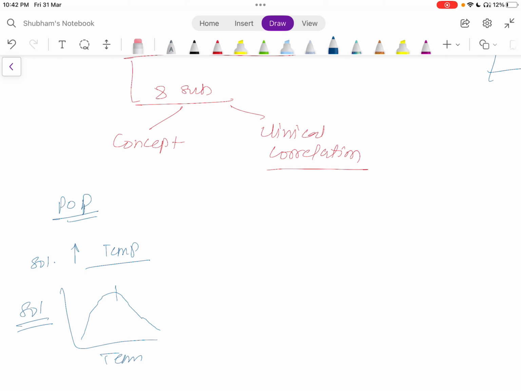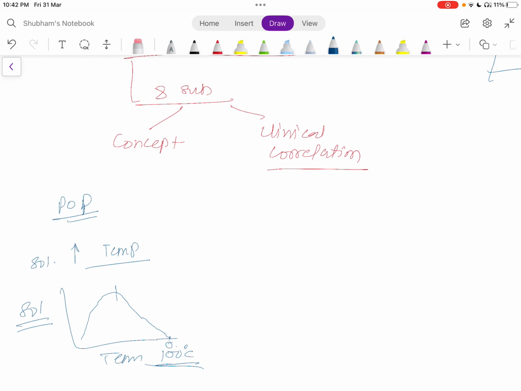Basically, at 100 degrees Celsius, the solubility is zero. So if you have very boiled water and you put POP in it, it won't mix, it won't make any chemical reaction.